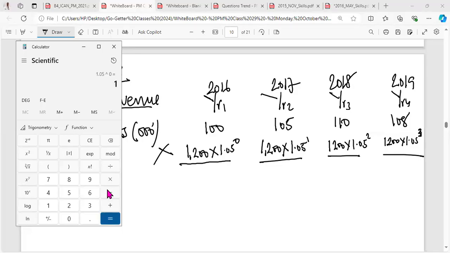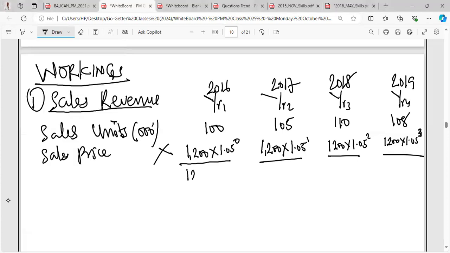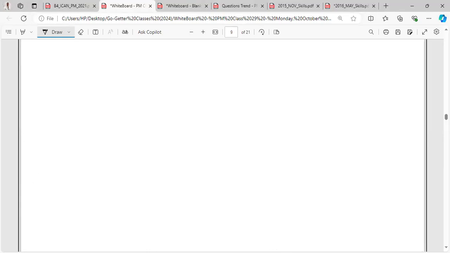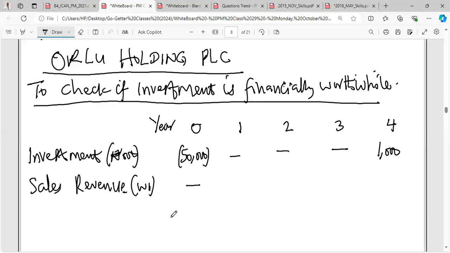And so 1 times 1,200, that will give us 1,200. If you multiply it by 100, that gives you 120,000. So we have our 120,000 here. I can as well go up and write it before I come back.